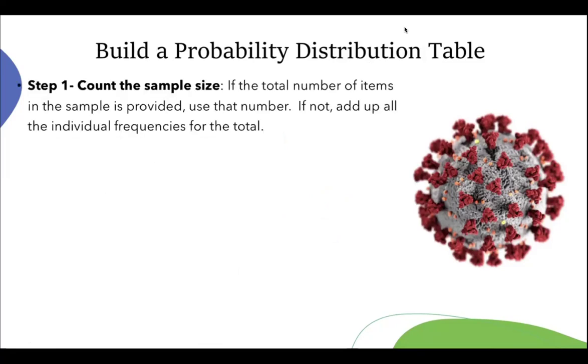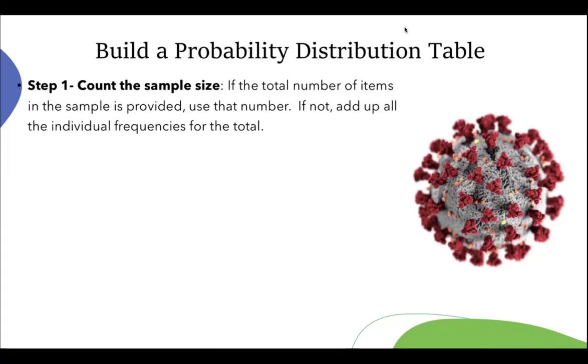So the probability distribution table. The first thing we're going to do is count our sample size, because if we're not provided with the number of items in the sample, we may have to figure it out ourselves. This time we were given 20.